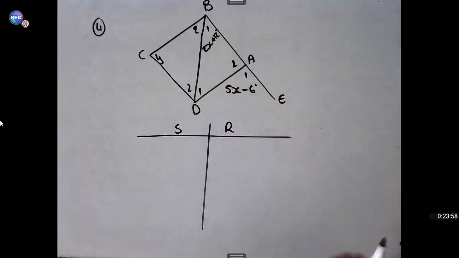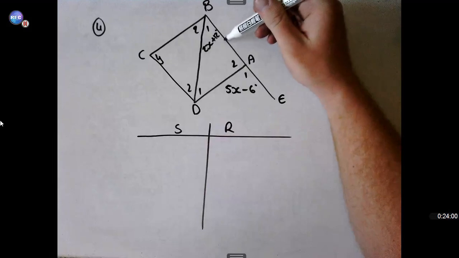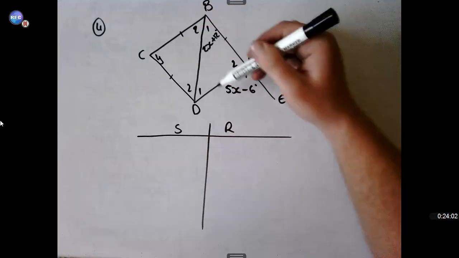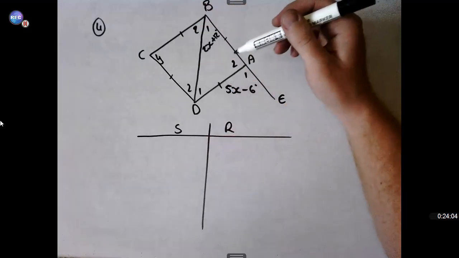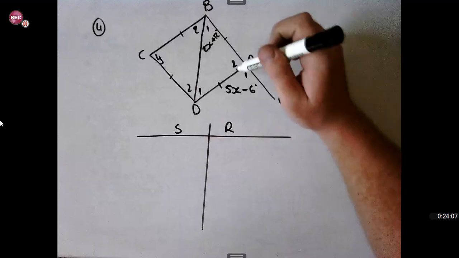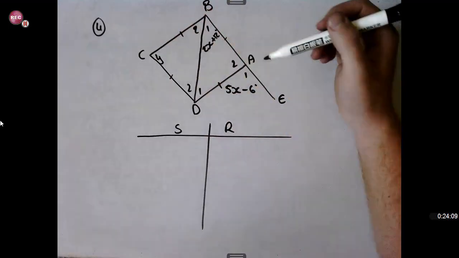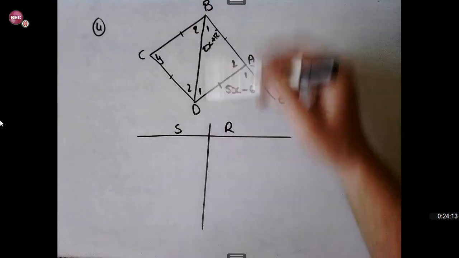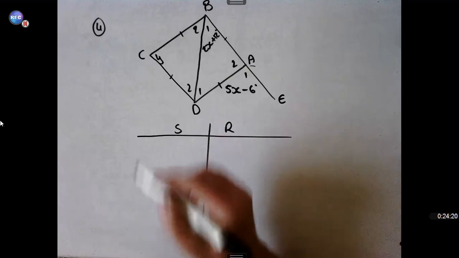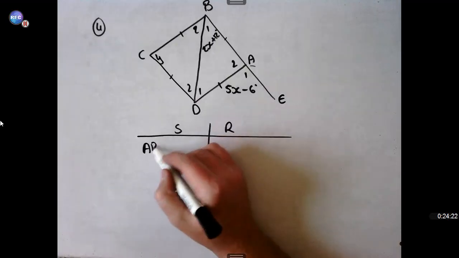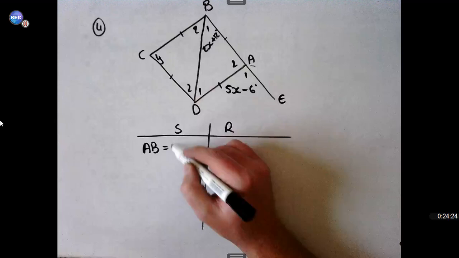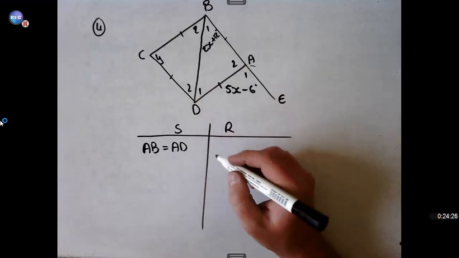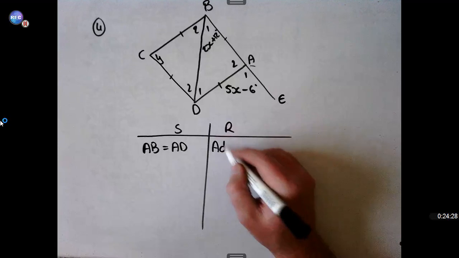The properties of a rhombus tell you that all these sides are equal to one another in length. Okay. And then obviously the opposite angles are equal in size. And then the diagonals meet perpendicularly. Okay. With that, you can now tell me that AB is equal to AD due to the fact that they are adjacent sides of a rhombus.